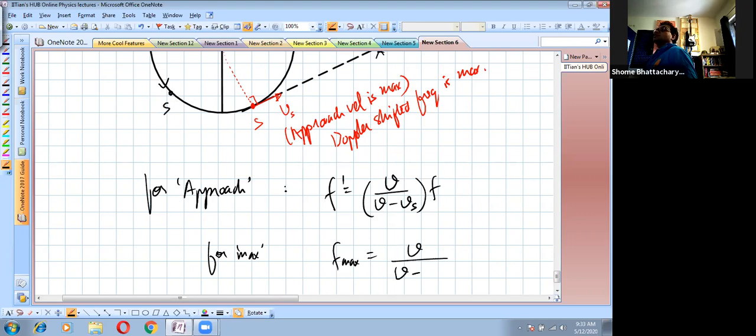So that was how much? The speed of the circular motion was 6 meters per second.